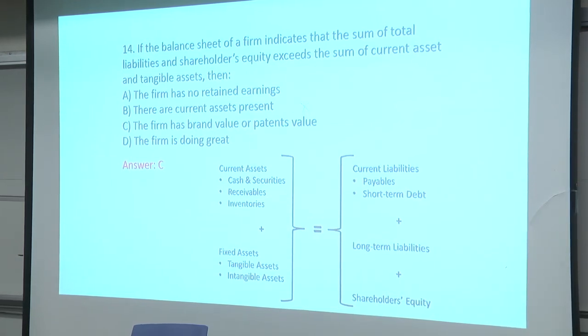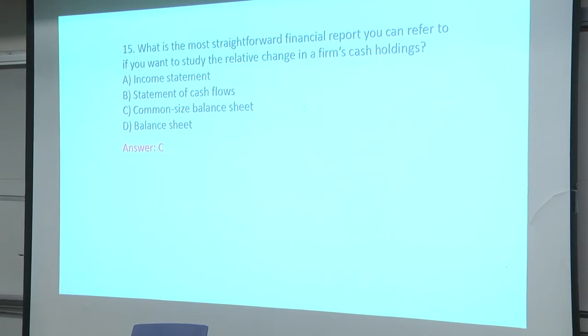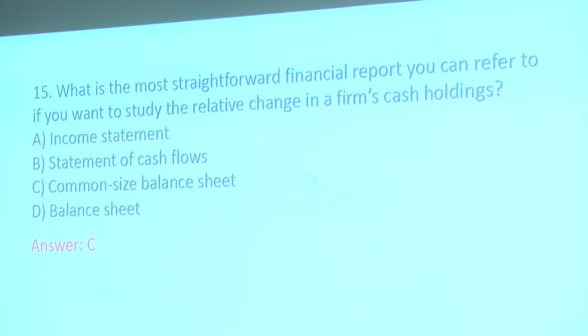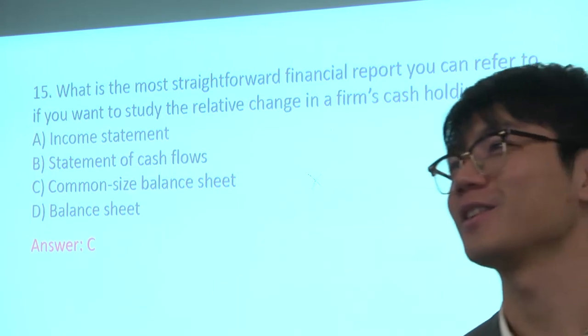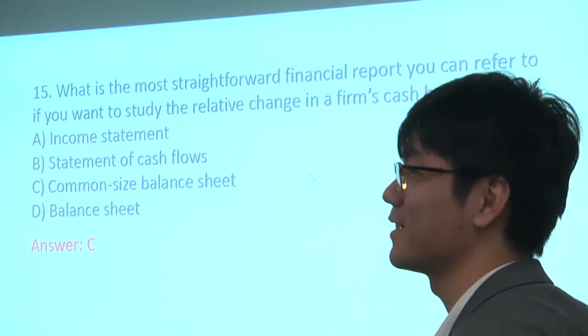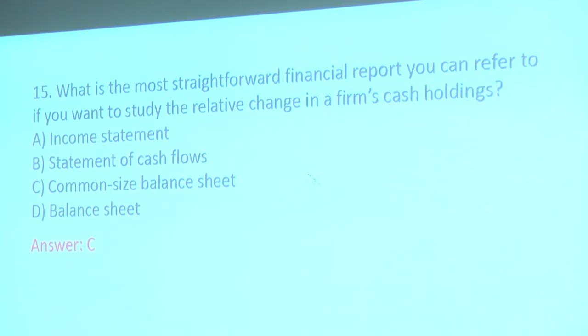Okay, number 15. What's the most straightforward financial report you can refer to if you want to study the relative change in firms' cash holdings? It's a very good question. You look at cash holding, you say, oh, cash flow statements. That's it, done. Two things.